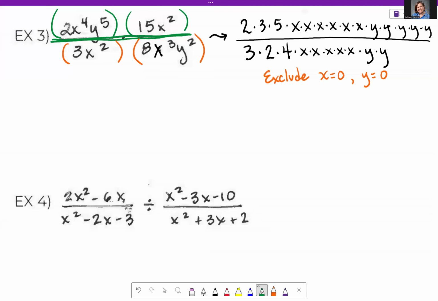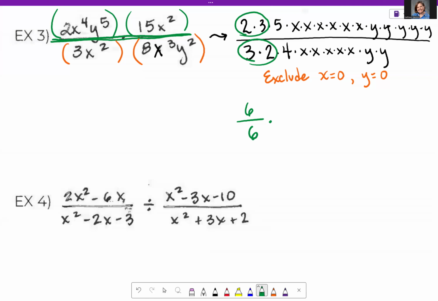Now I can rearrange this expression by separating out the parts that would make ones. I have 2 times 3 in the numerator, that's 6. And I have 3 times 2 in the denominator, which is also 6.